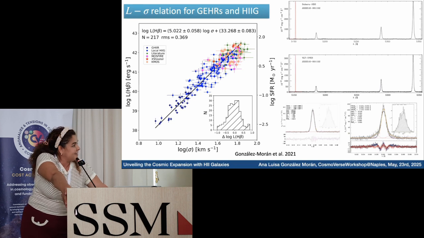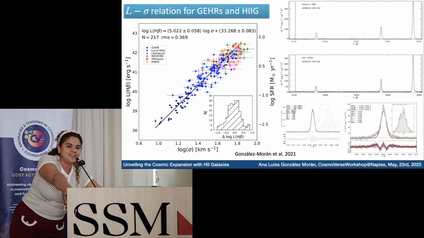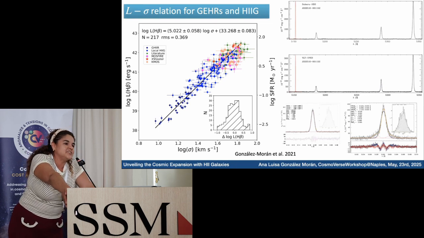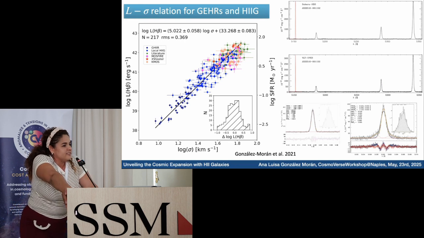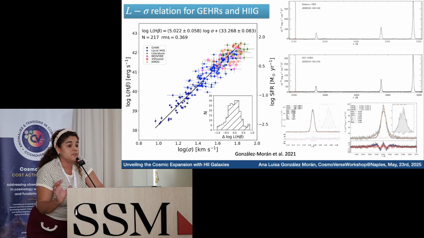redshift sample. Here I would like to comment that when I published that paper, I called them higher redshift galaxies, but right now I can say that this is intermediate redshift. The highest redshift here is around 2.6. And something very, very important here is that the slope in the L-sigma relation is around 5, which means that it is very important that we estimate very well the full width at half maximum of these emission lines, because the slope is 5.